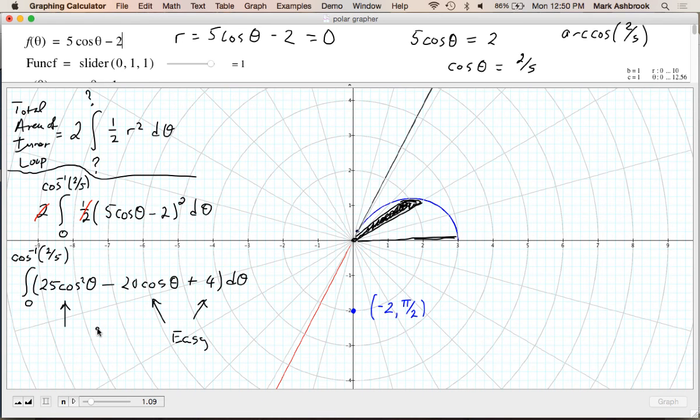25 sine? No. Remember how to do cosine squared or sine squared? If it's cosine squared, you would need to be times sine to undo the chain rule. So we use the half angle identity, remember?